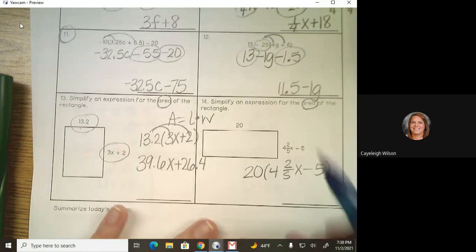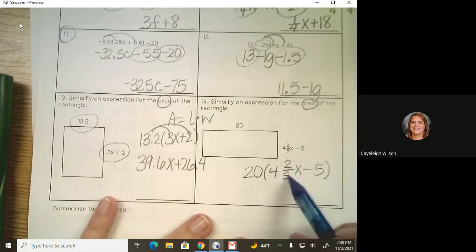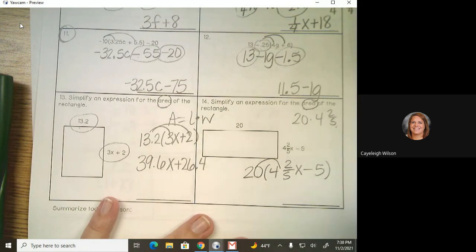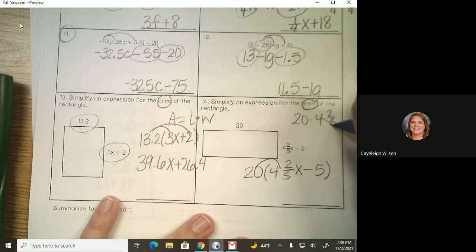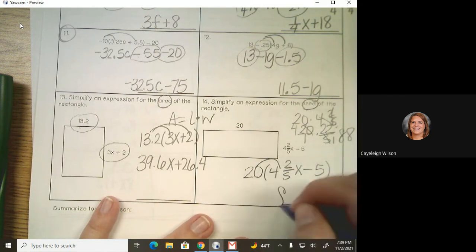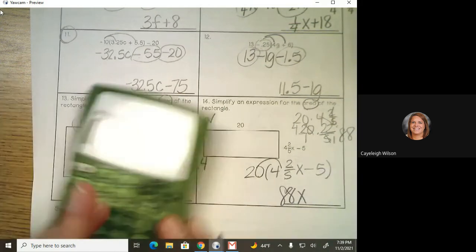All right, so you've got options here to multiply 20 times 4 2/5. You can take that up here, change this to an improper fraction. So 4 times 5 is 20, 20 plus 2 is 22. And you can multiply it that way. I'm going to cross reduce here. So that's 88, so 88x, or you can use that calculator.